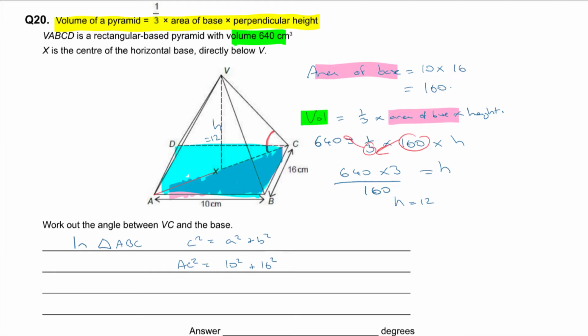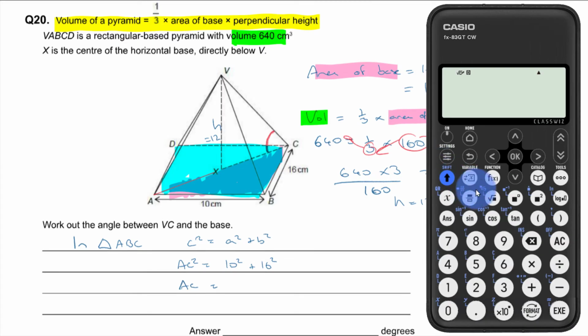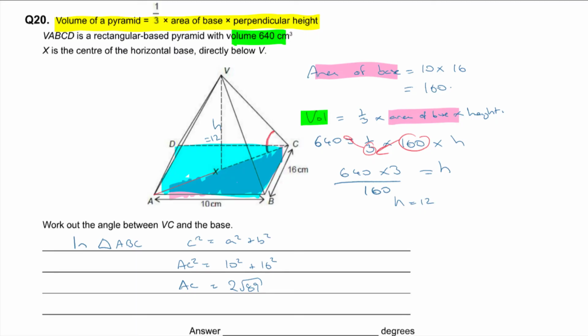So then AC is going to be the root of 10 squared plus 16 squared, isn't it? So square root 10 squared plus 16 squared. I make that 2 lots of root 89. Okay, I'm just going to leave it in root form for now.